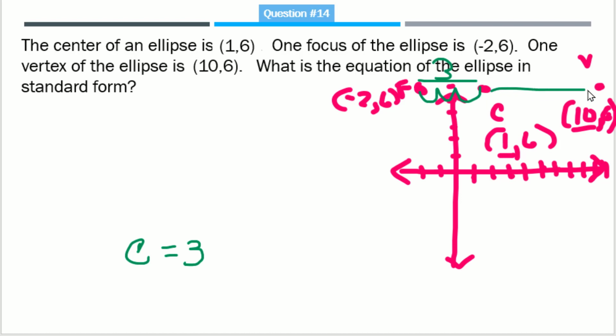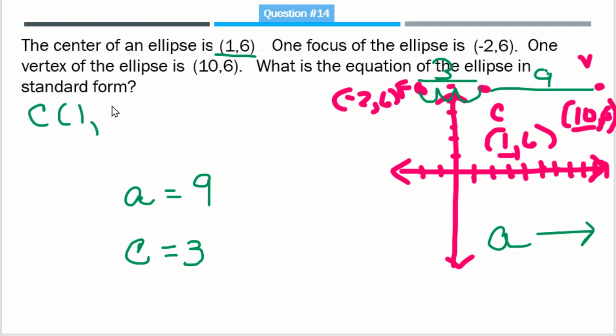So the distance from here to here is 9. Remember that A follows X, and we're going in the X direction. So A is equal to 9. We have the center, we have H and K. The only thing that we don't have is B.